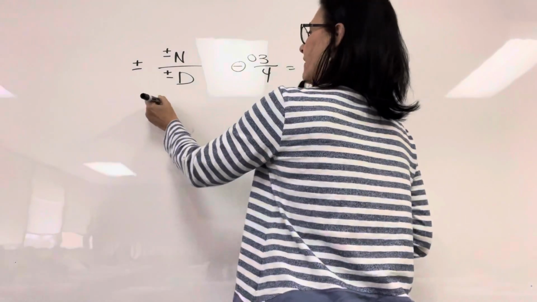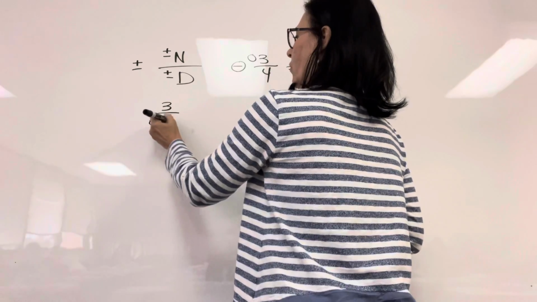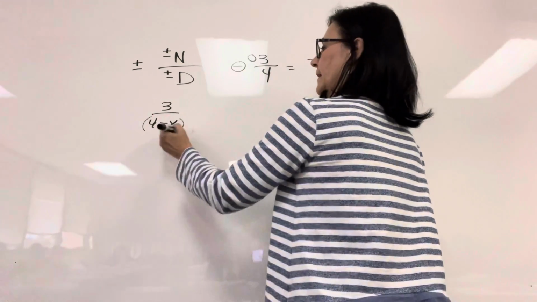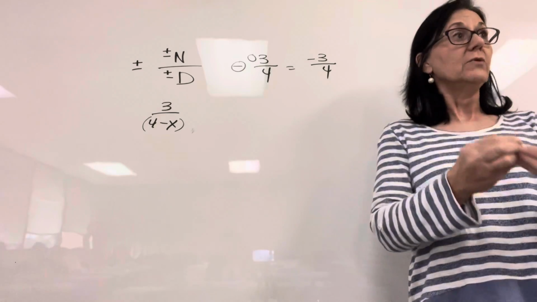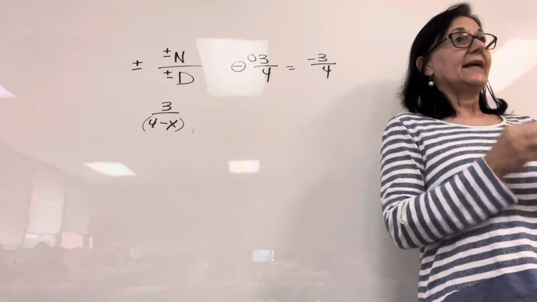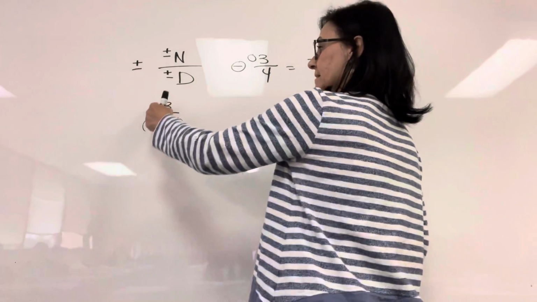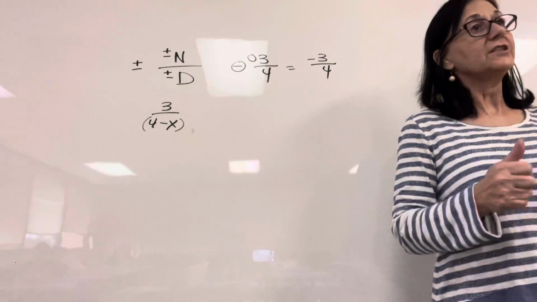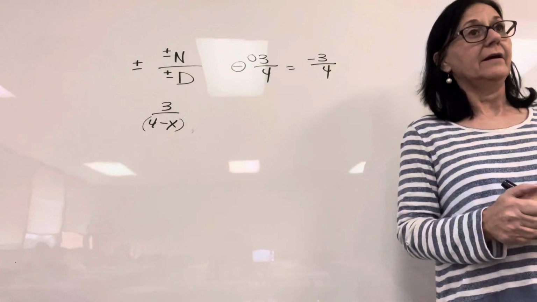If I have 3 over 4 minus x, that whole binomial has a sign, the numerator has a sign, and the fraction has a sign. So I can change two signs without changing the value of it.